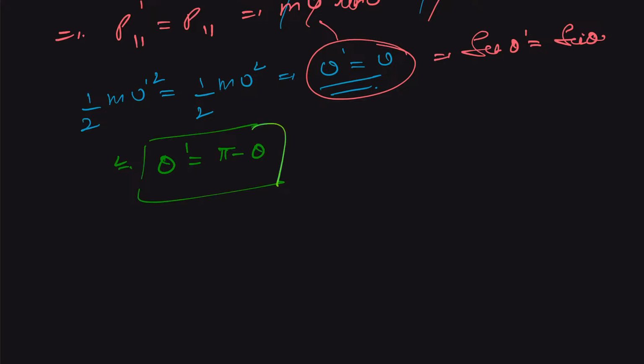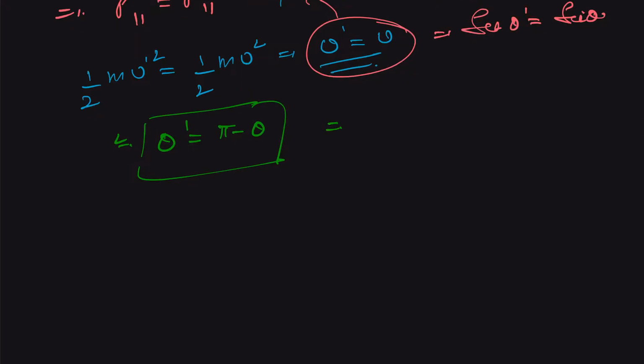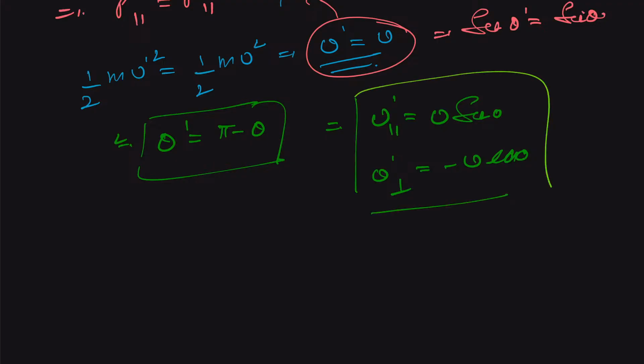So our direction is going to change. This is the basic direct relationship. So v parallel prime will be equal to v sine of theta, and perpendicular will be equal to minus v cos of theta. So we proved that only the perpendicular component is going to flip its sign.